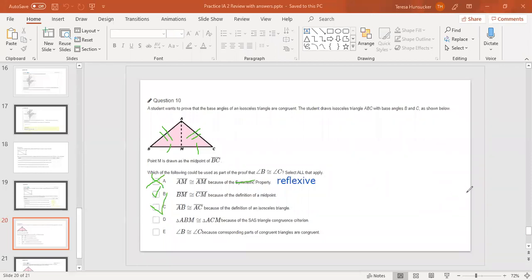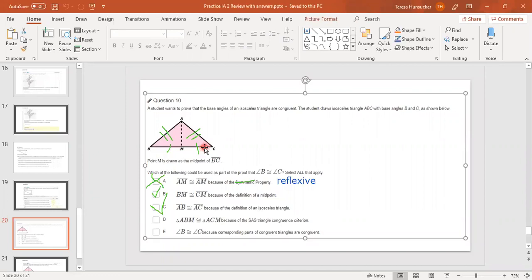Next, it says triangle ABM is congruent to triangle ACM because of the side angle side triangle congruence criterion. Side angle side. Well, we don't know that the base angles are congruent.